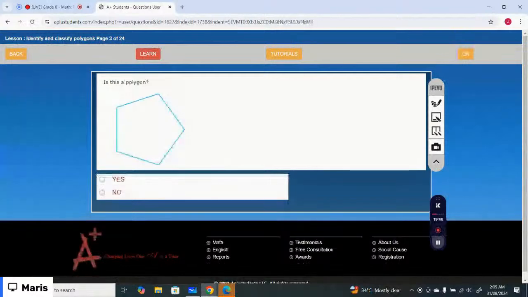Is this a polygon? The correct option is yes, that is a polygon.